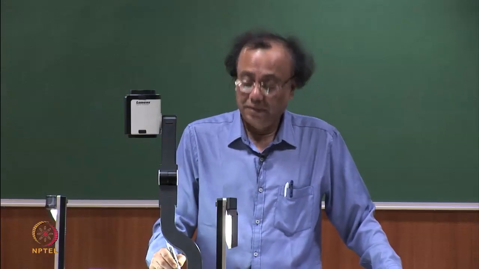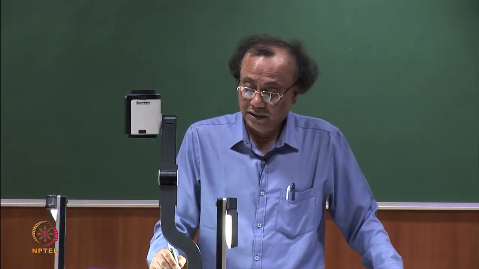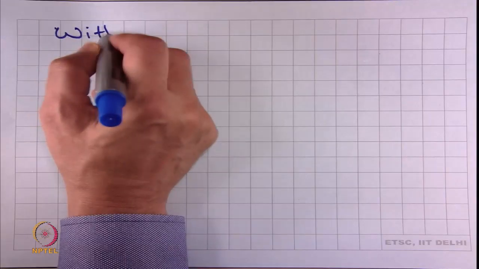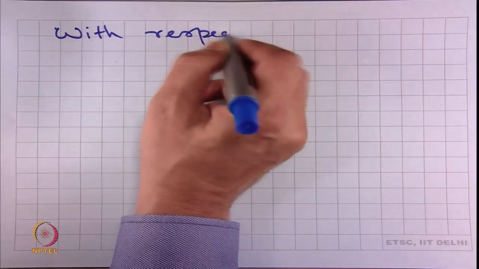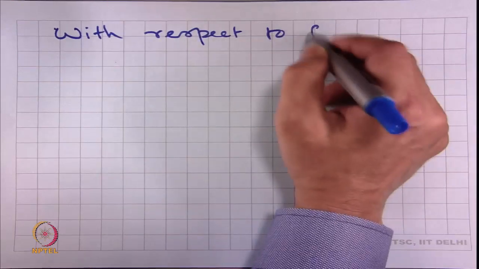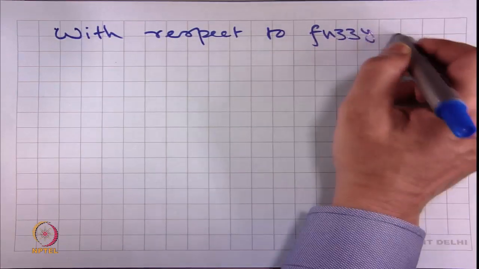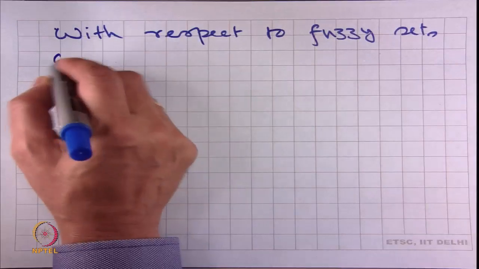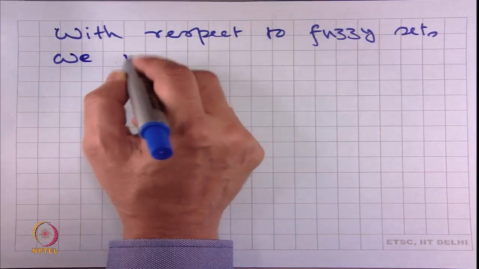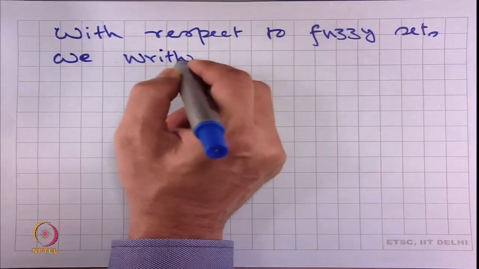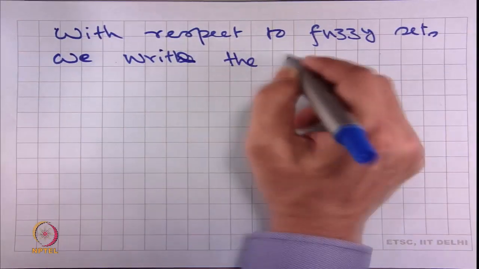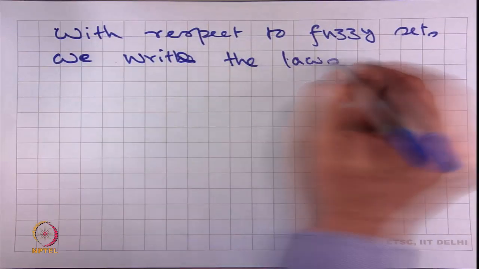So, when we look at the laws with respect to fuzzy sets, we write them as follows.